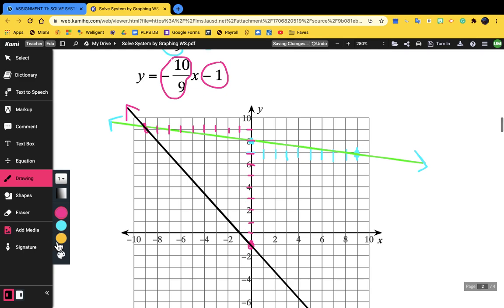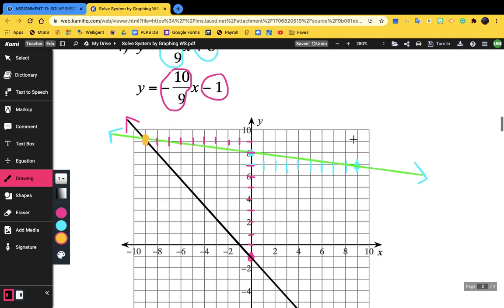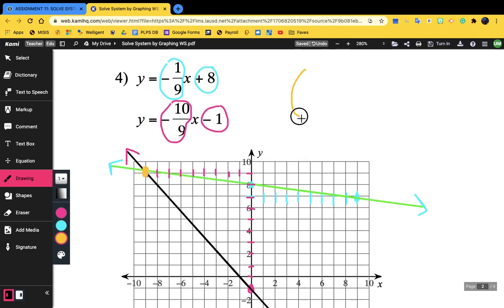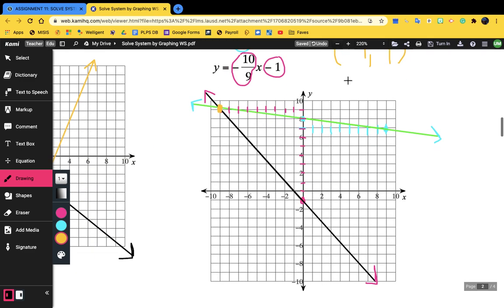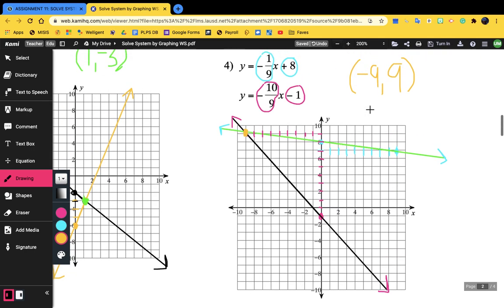And where do they cross, everyone? They touch right here, right? And this is negative 9 on x and positive 9 on the y. So negative 9 on the x, positive 9 on the y. Look at that. And that's what that looks like right there.